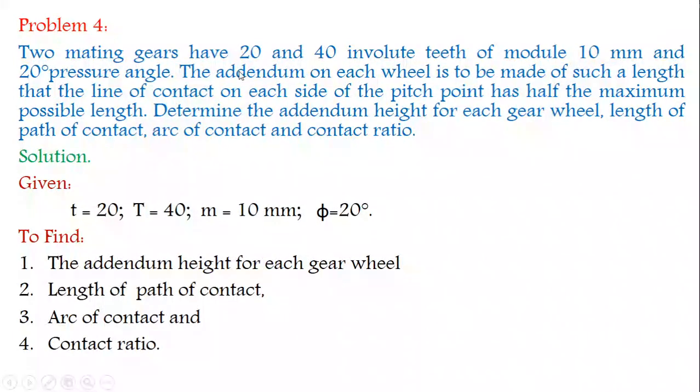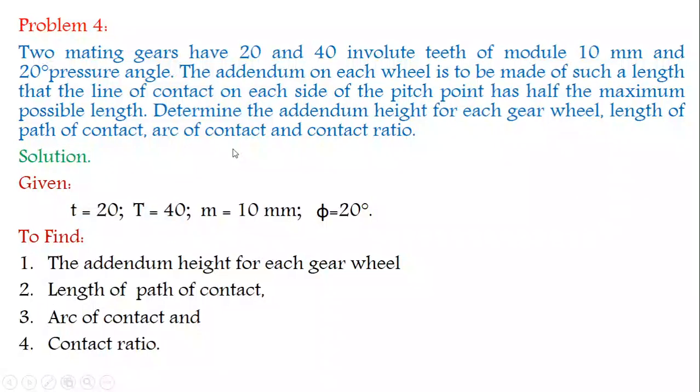The addendum value should be calculated from this condition only. In this problem, the addendum value is not given. Using this relation only, we have to find the addendum value of the gear and pinion.